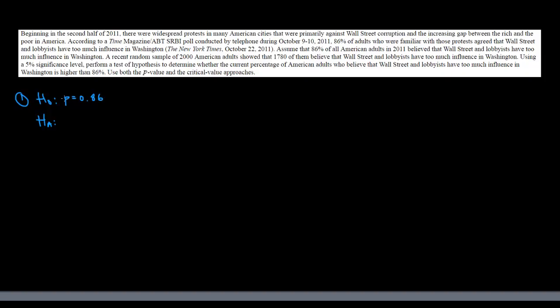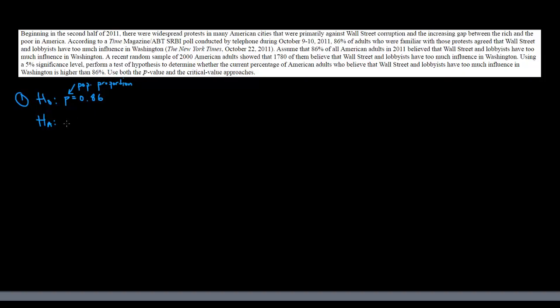And remember, this is not a p-value, that's a population proportion. Okay, so that's what we knew to be true according to a Time magazine poll in 2011. 86% of adults thought that Wall Street and lobbyists have too much influence in Washington.